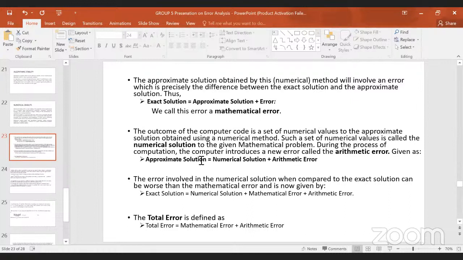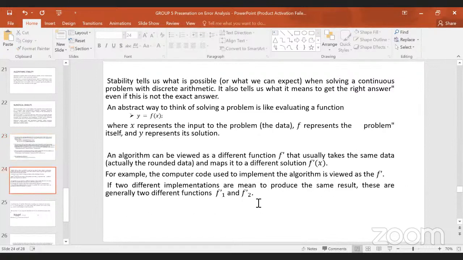By the time you substitute the value of what our approximate solution equals into this particular equation, we have our exact solution equal to numerical solution plus the arithmetic error, plus this error here, which is also known as the mathematical error. Which is why we have our exact solution equal to numerical solution plus mathematical error plus arithmetic error. Now, the total error we encounter is defined as mathematical error plus arithmetic error.